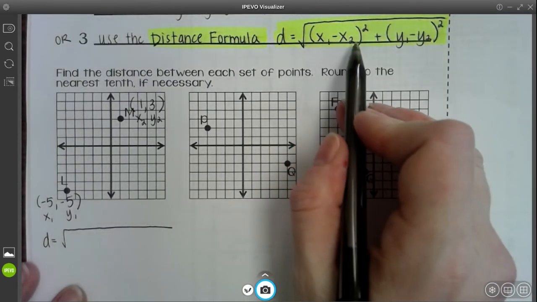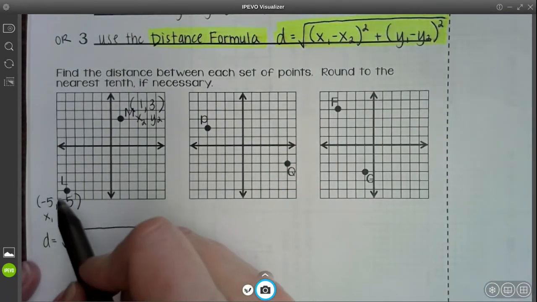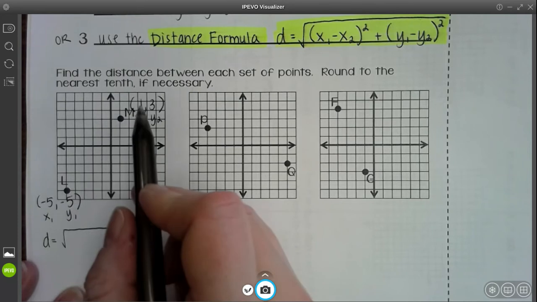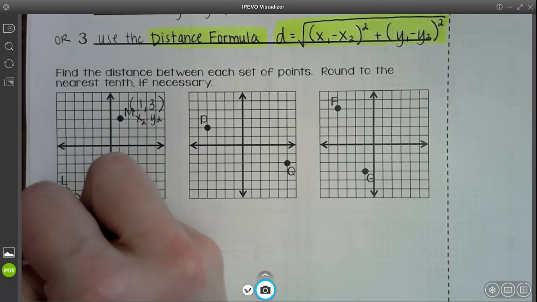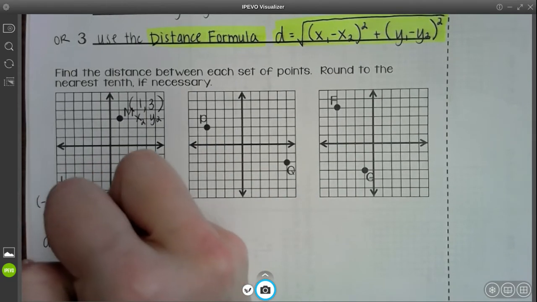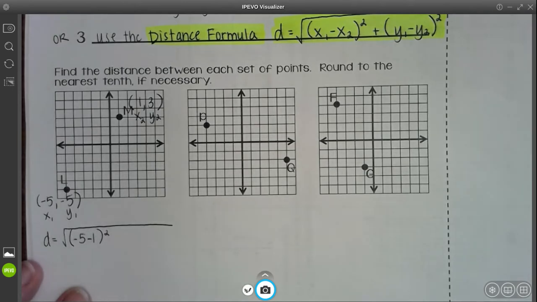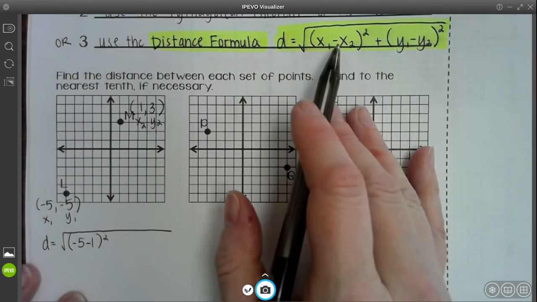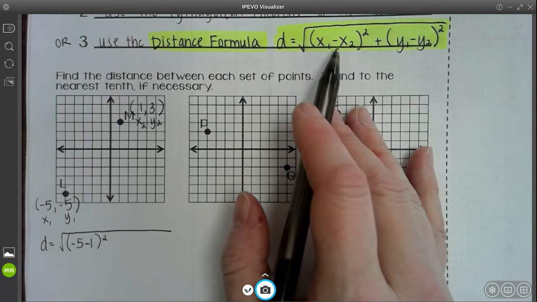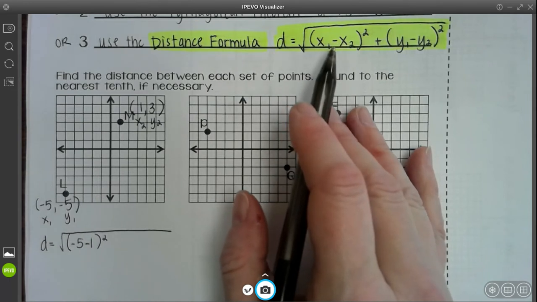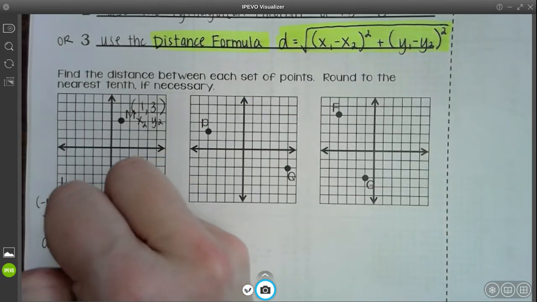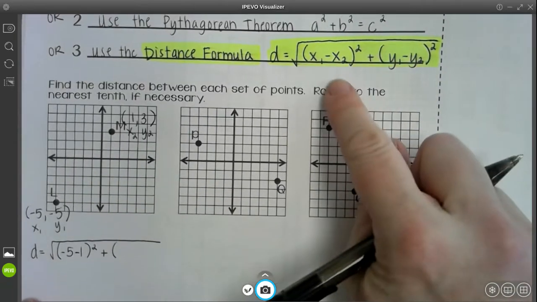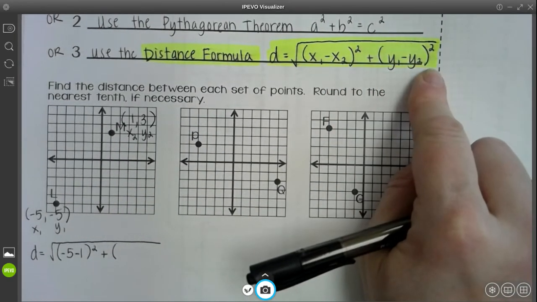And first thing we're going to do is we're going to subtract those x coordinates. So I'm going to start with -5 minus 1. And then we're going to square that. Okay, so be careful. The difference in the distance formula is we're using subtraction, whereas with the midpoint formula, we added the coordinates. If I were you, I would always be looking at this formula when you're doing it.